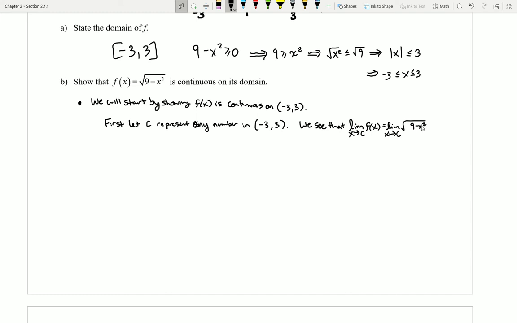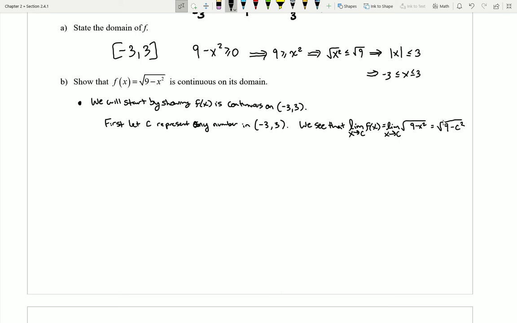You might recall that one of our limit laws was that if I had the limit of a square root, I could move the limit to the inside of the square root. I could tackle the inside first. Okay, but if I want to do the limit of the inside, notice that the inside is a polynomial. And that is actually going to be the same exact thing as doing a direct substitution, or will allow me to do the direct substitution. And when I do that, this is going to be the answer for the limit.